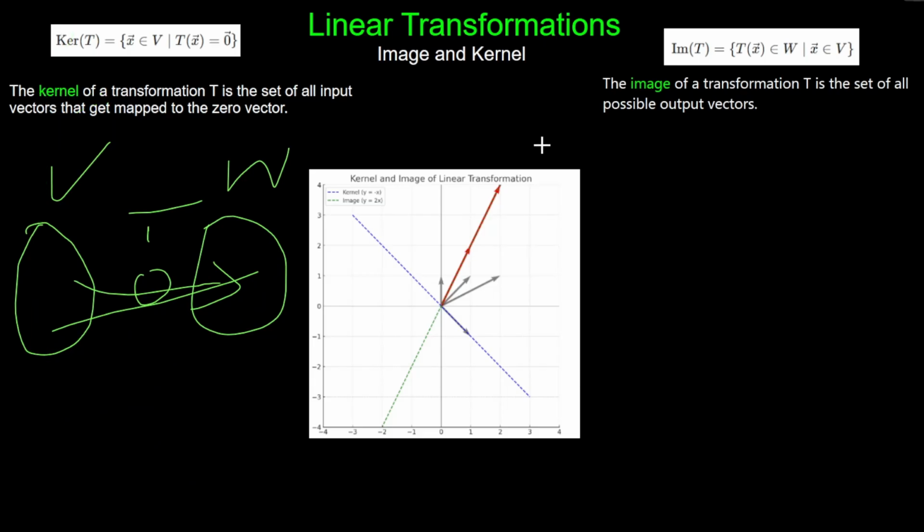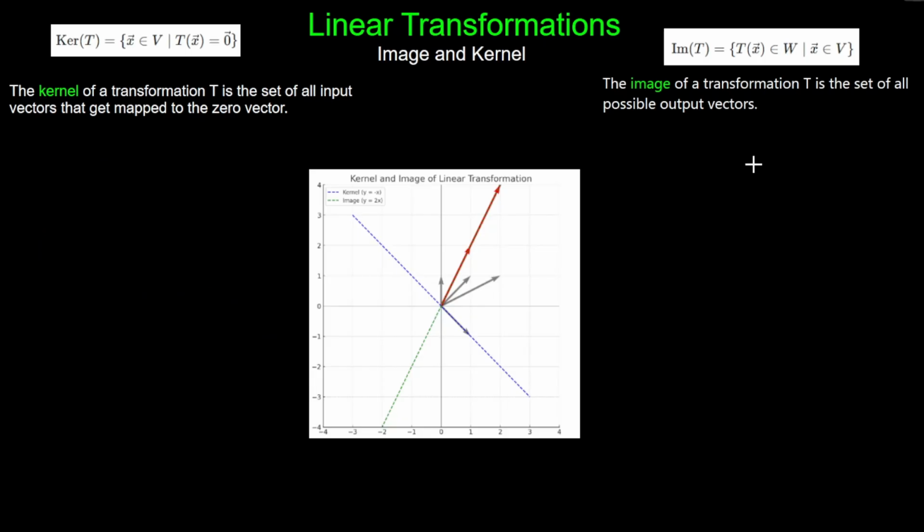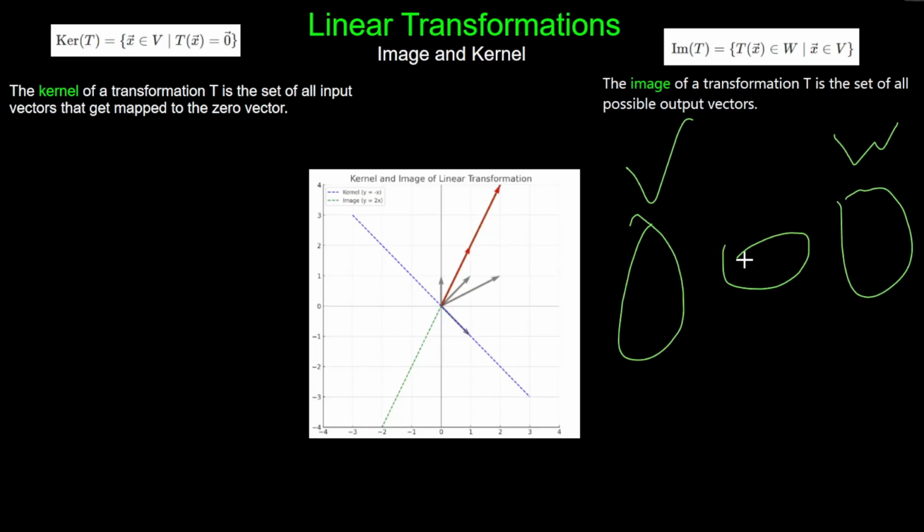So let's talk about the image. Image of a transformation T is the set of all possible output vectors. So what do I mean by this? We have two vector spaces, the transformation. So the image is the set of all vectors in the output space that the transformation actually reaches.